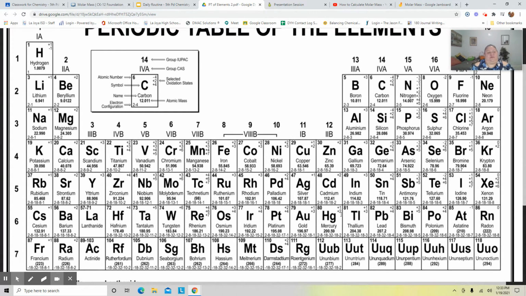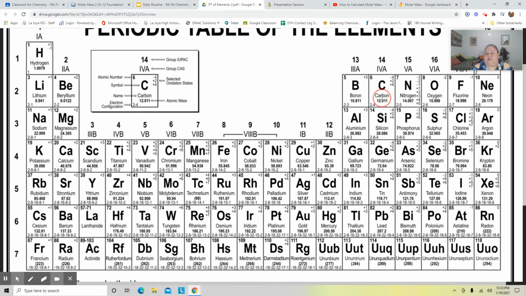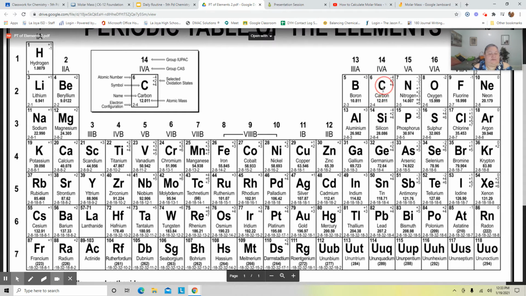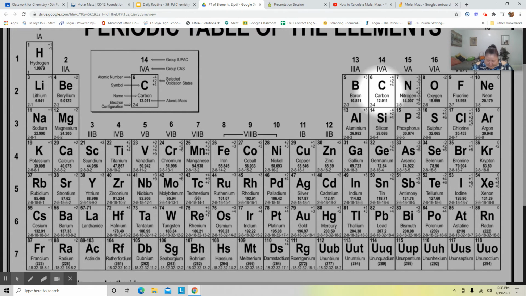What do you think? Carbon, over here. What does it say here for carbon? Right here, guys. Everybody see it? Here, let me change it. What does it say for carbon? 12.0.